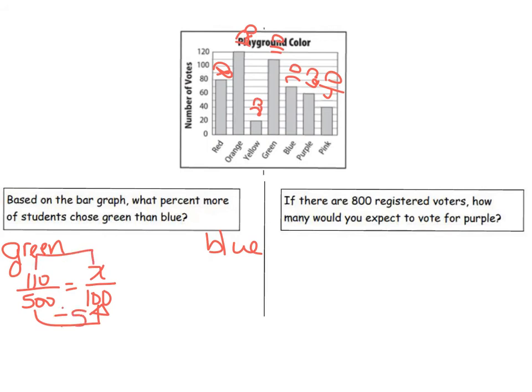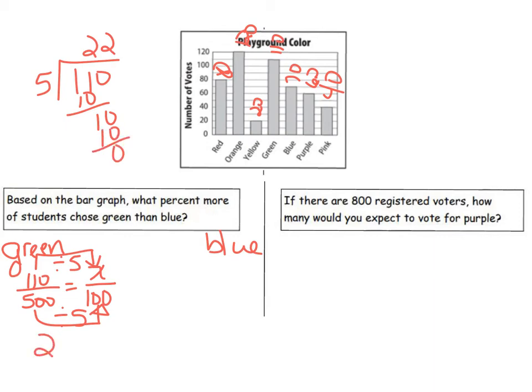So now 110 divided by 5, it's going to be what? So 110 divided by 5. 22. So that means that green was 22%. Everybody's good so far? Okay.